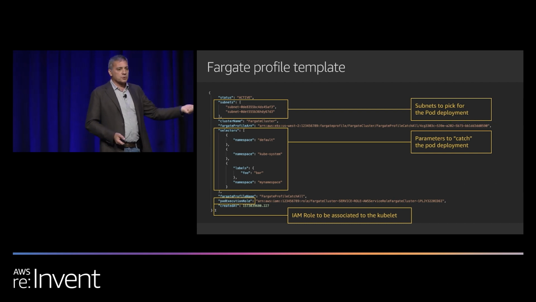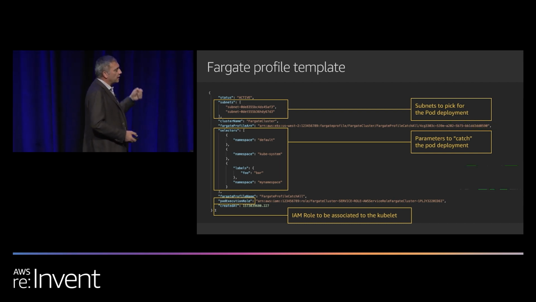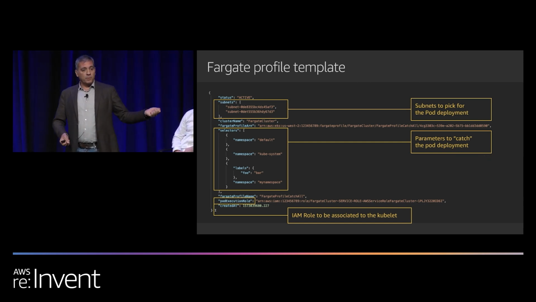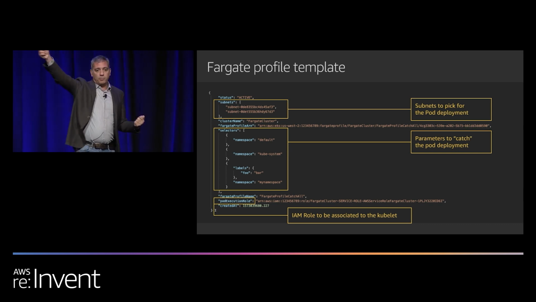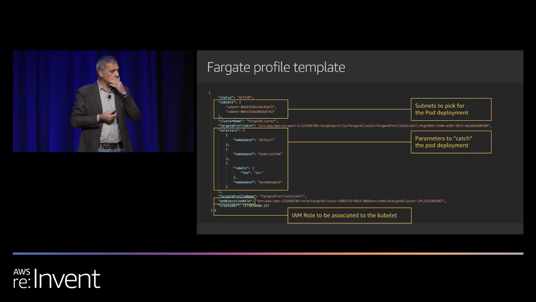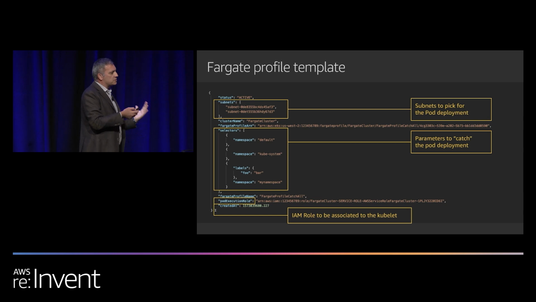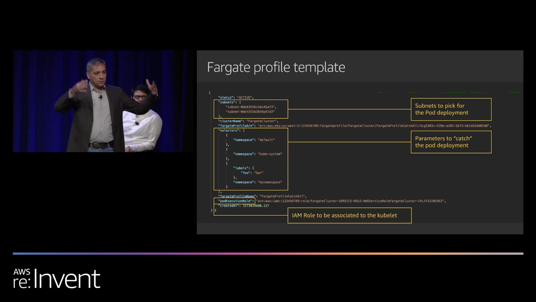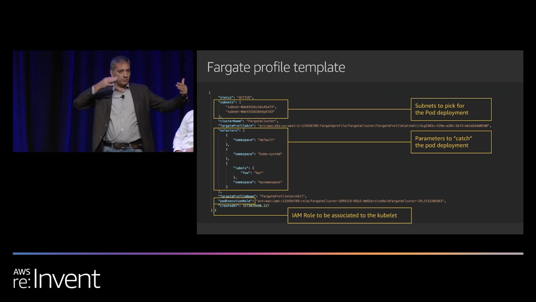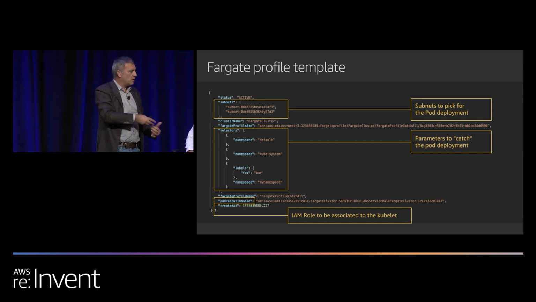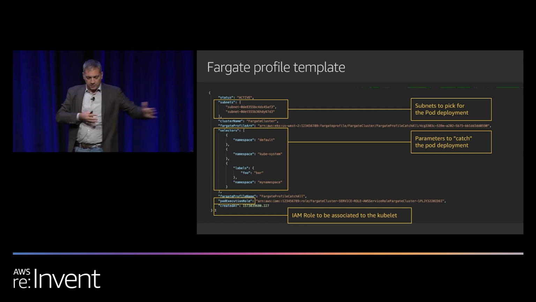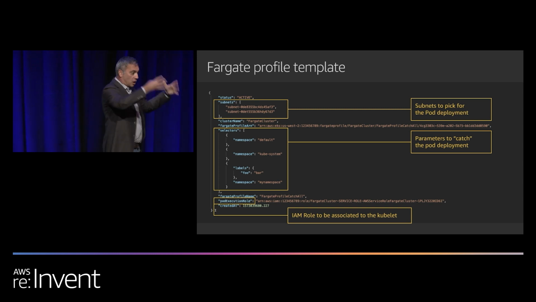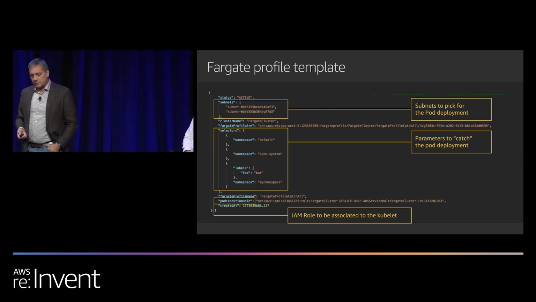That is the pod execution role that gets associated to the kubelet, for example, so that the kubelet has rights to go and pull from ECR. Okay? So those are the two reasons for which we had to introduce these Fargate profiles: for having a means to match what I'm doing on the Kubernetes side and determine whether it needs to go to Fargate or EC2, and to give that pod a context in AWS.